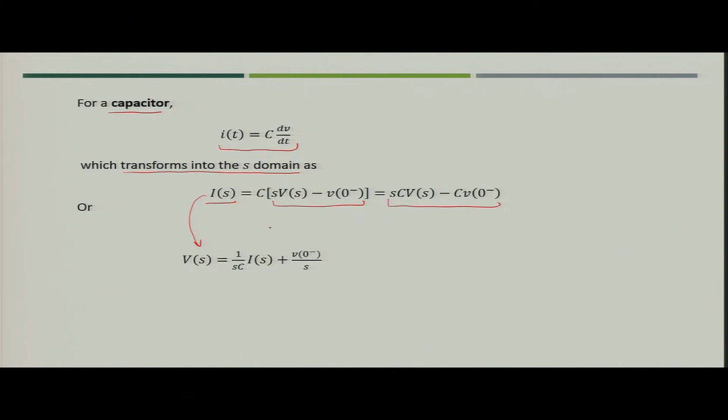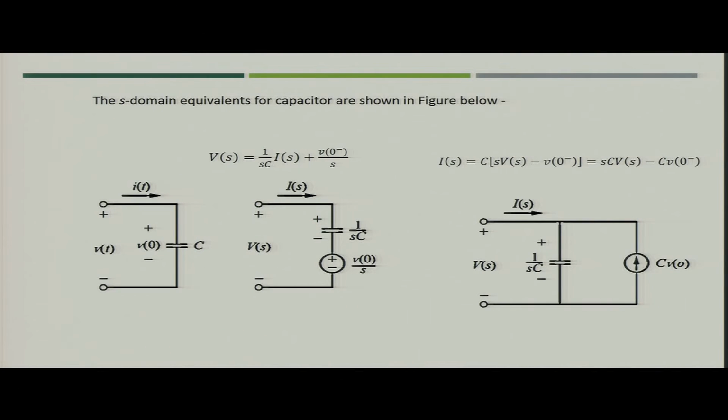So, these two would be the governing equations for a capacitor in S domain. As we did in case of the inductor, we can do in case of the capacitor also and represent these two equations in the circuit. So, let us see how we will represent the equivalent of a capacitor in S domain.